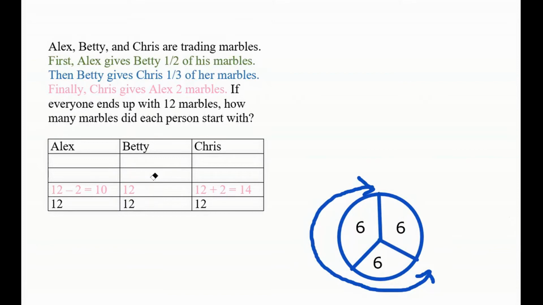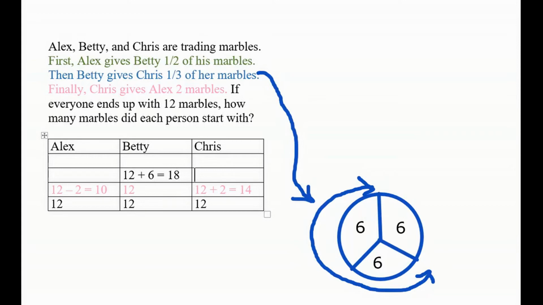So now what we're going to do is we are claiming by drawing this blue picture, which is connected to this blue sentence, we can make this argument that Betty must have given Chris 6 marbles. So since we're undoing, we're going to give Betty back her 6 marbles. So we're going to add 12 plus 6 to Betty, and that turns out to be 18.